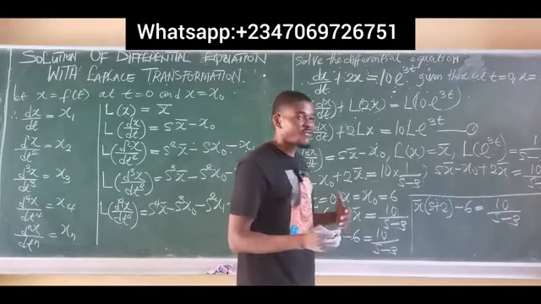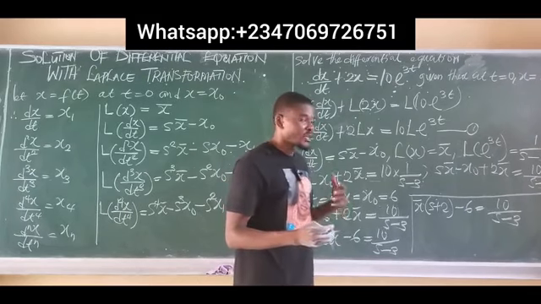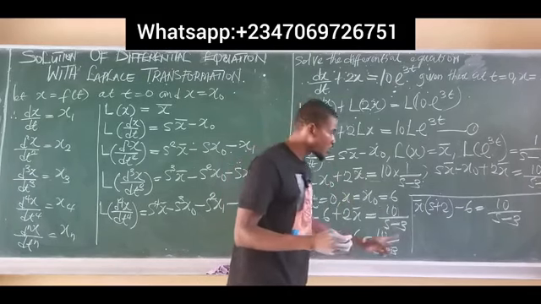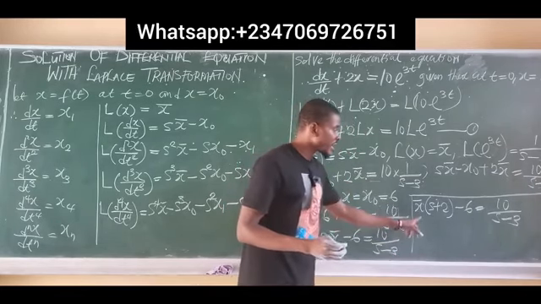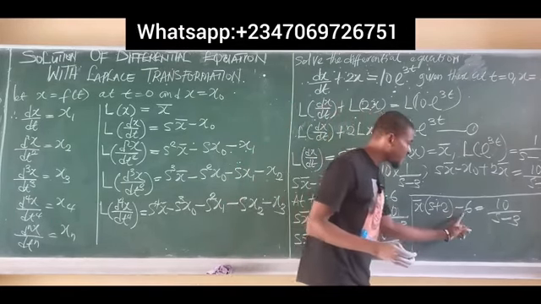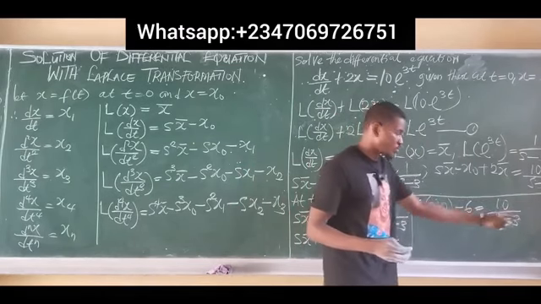Remember, we rearrange to find the Laplace transformation of the solution. So we need to make x bar the subject. Therefore, let's send minus 6 over to the other side of the equation.